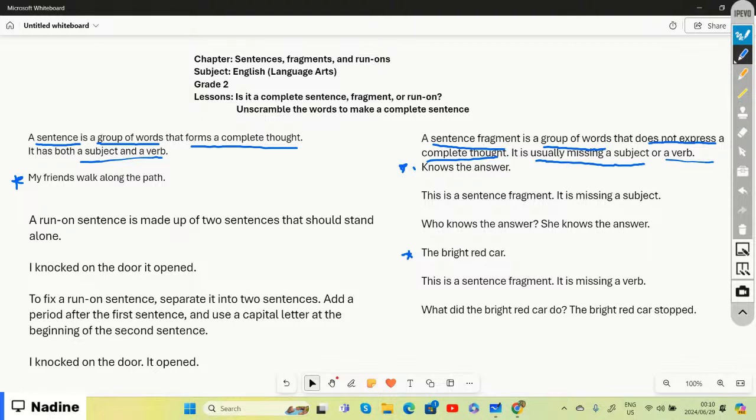If you ask yourself, what is the bright red car doing? If there is no verb within that sentence, then that is a fragment, because a sentence needs to have both a subject and a verb. If it's either missing a subject or missing a verb, then that is a sentence fragment.